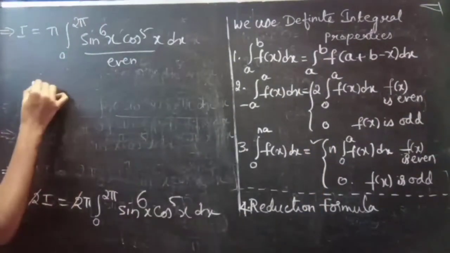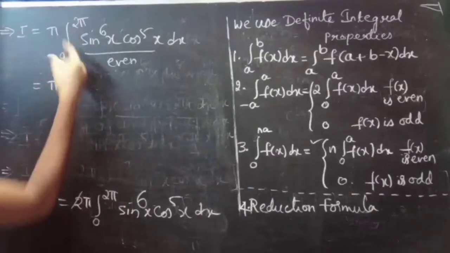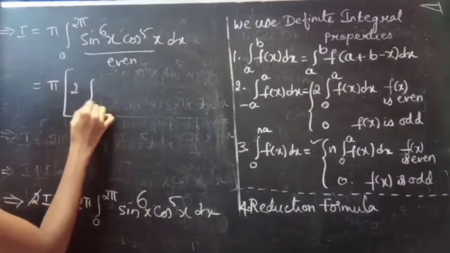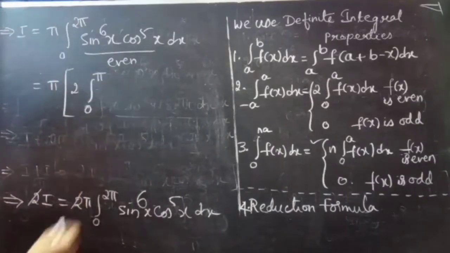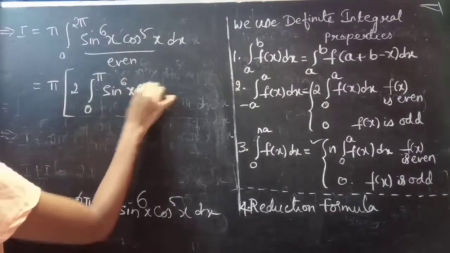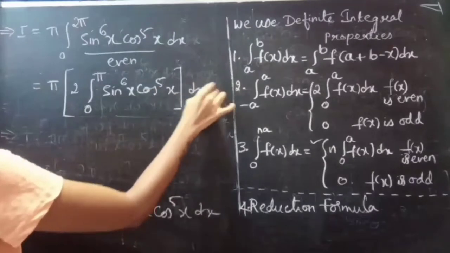So this equals pi into 2, in the place of a you're having pi, integral from 0 to pi of sin power 6x into cos power 5x dx.